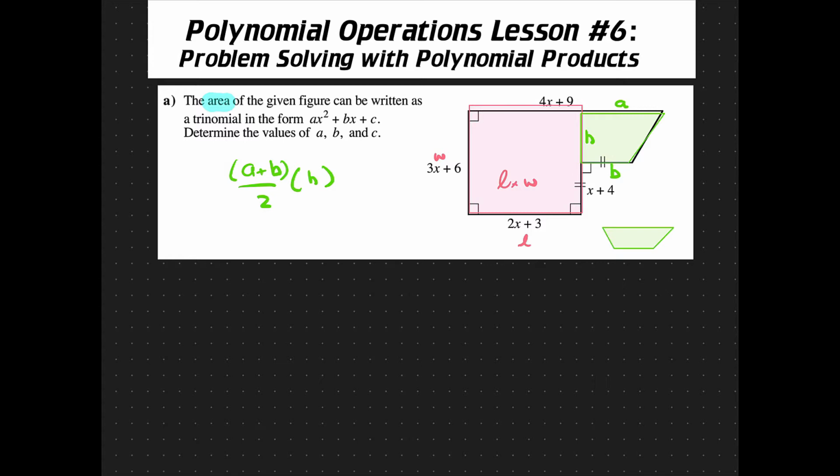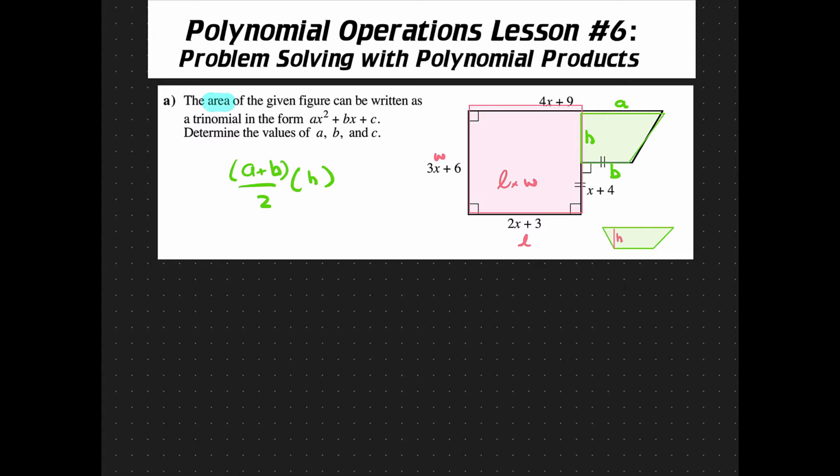On this trapezoid that I just drew down below, the height would actually be that little line going perpendicular from B up to A. Okay, so it's important that you understand how to figure out the area of these 2 shapes. Now, how are we going to solve for each one of these?